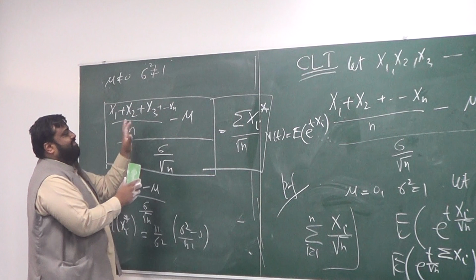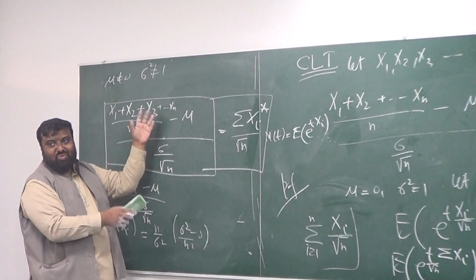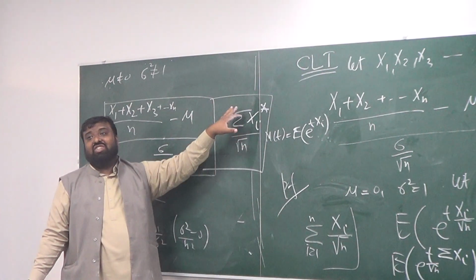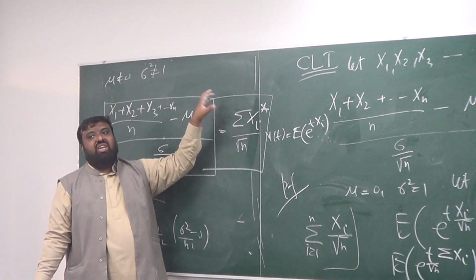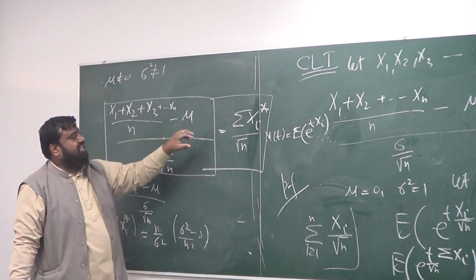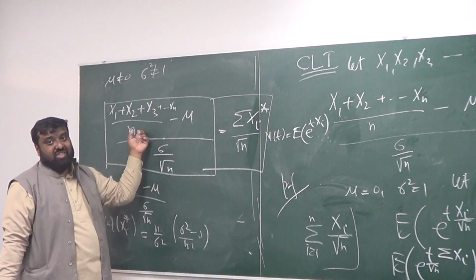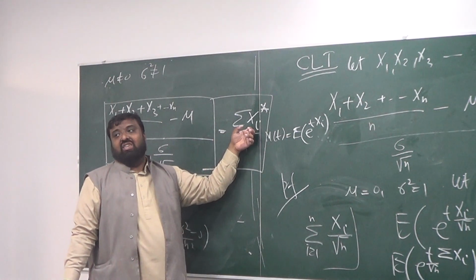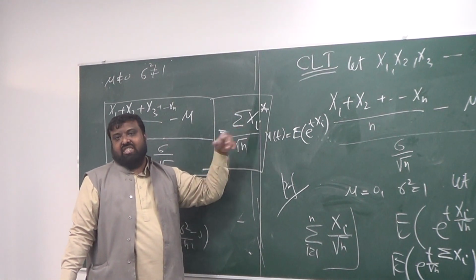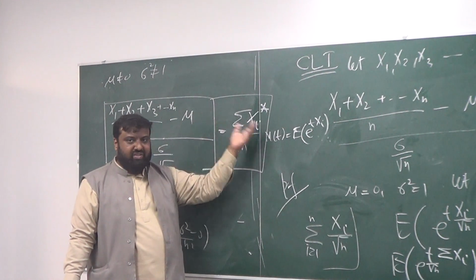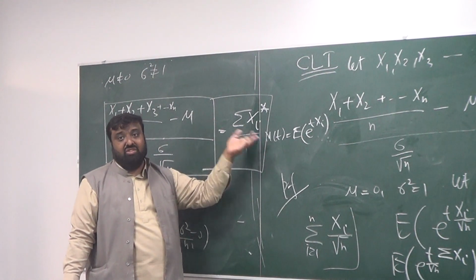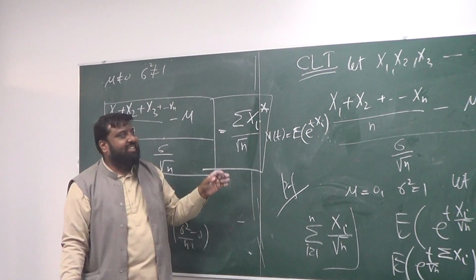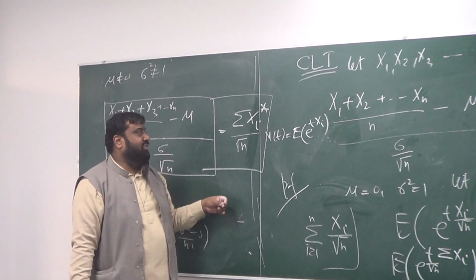Try to choose these xi star in such a way that if you evaluate them, you get this. These xi star should be such that the expectation of xi star is equal to 0 and the variance of xi star is 1. We tried many. Who knows what would be that? That's what you have to figure out.